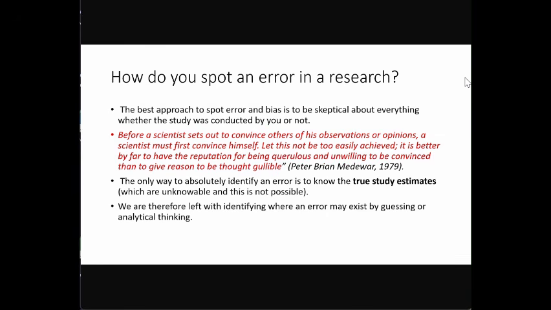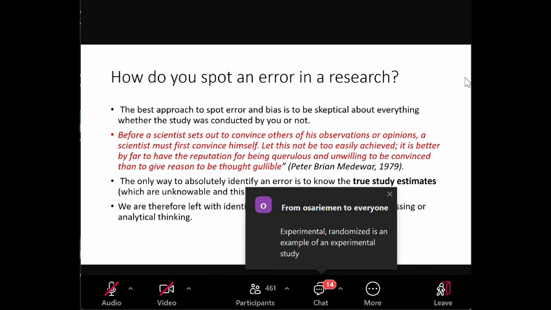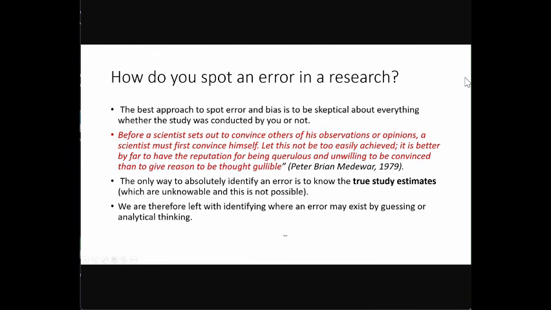It is better by far to have the reputation for being querulous and unwilling to be convinced than to give reasons to be thought gullible. It is better you are always suspecting that something could go wrong, than to just believe that you have done the best. Okay, so that's how it works.